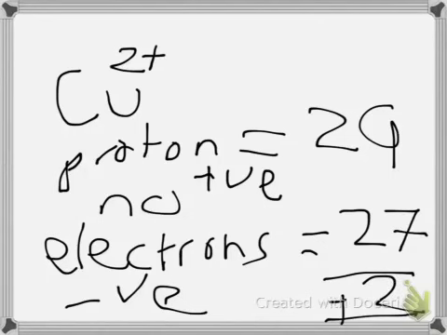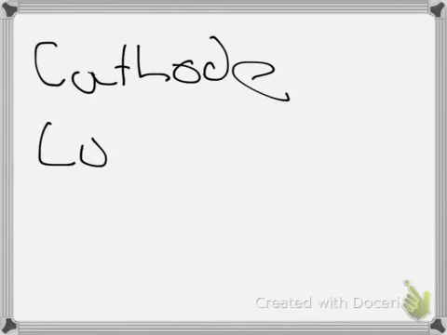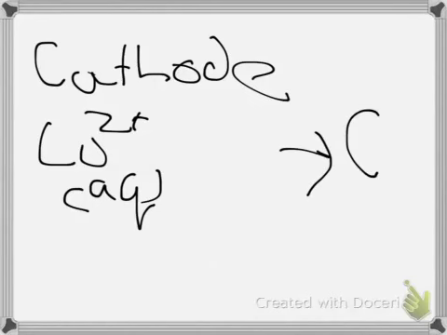So how do we relate this back to our electrolysis? If we go back to our cathode reaction, we've got copper 2+ ions in the aqueous state, and that is somehow going to make copper as a solid.